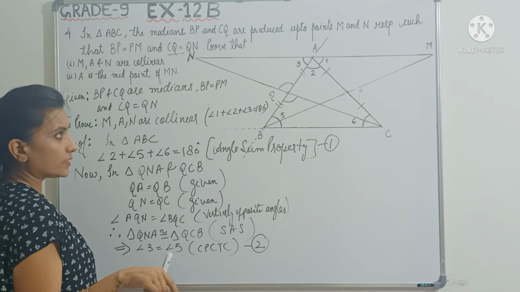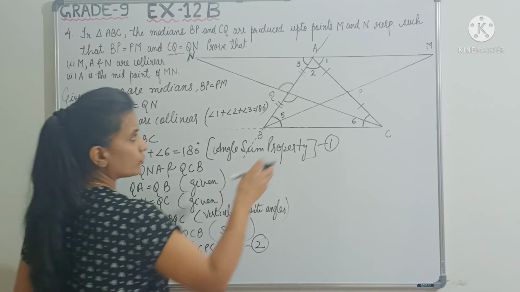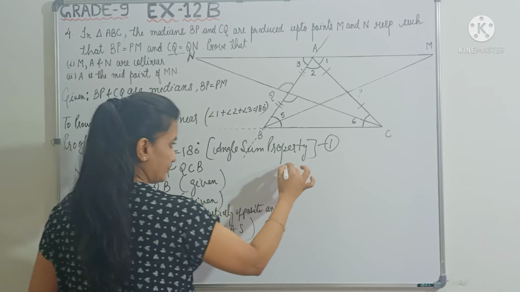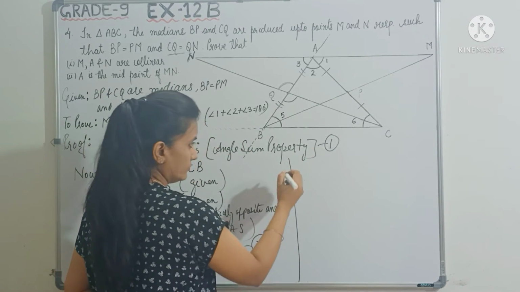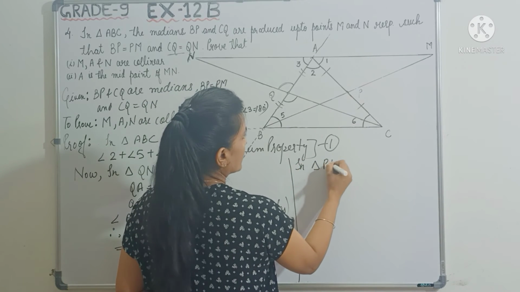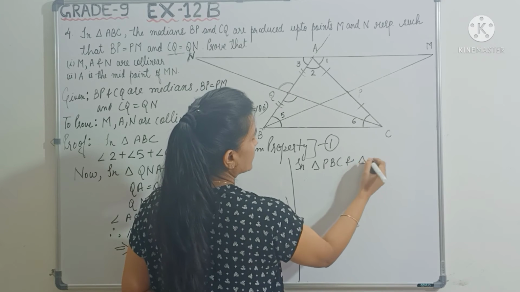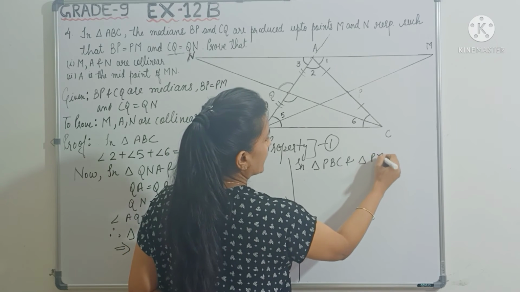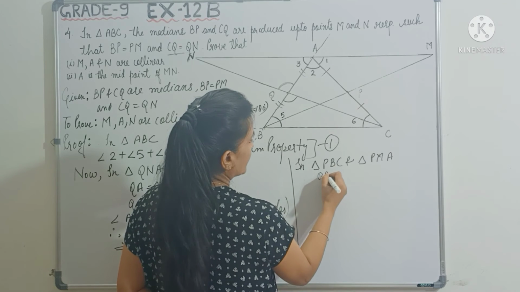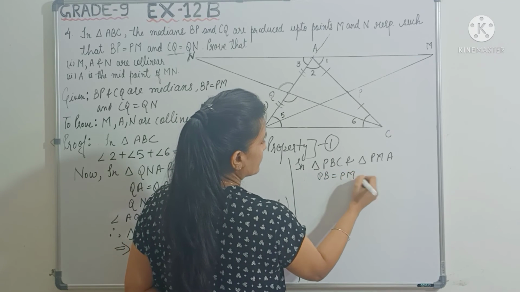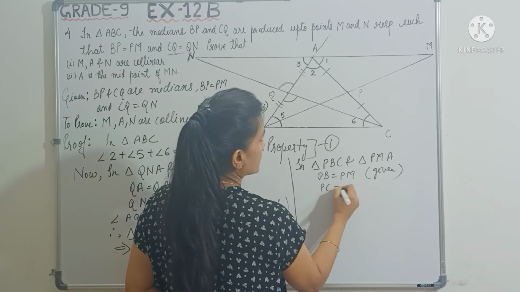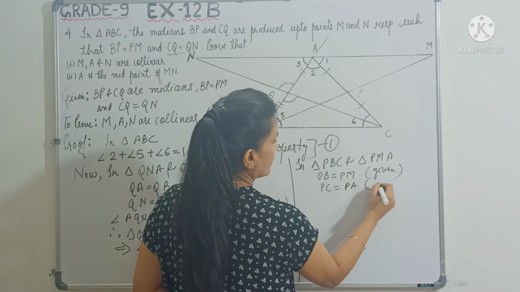Now again, similarly you can prove these two triangles are congruent, right? So let's write down, in triangle PBC and triangle PMA, in these two triangles, PB is equal to PM, how? It's given. Then PC is equal to PA, how?